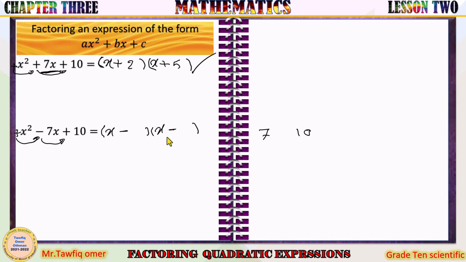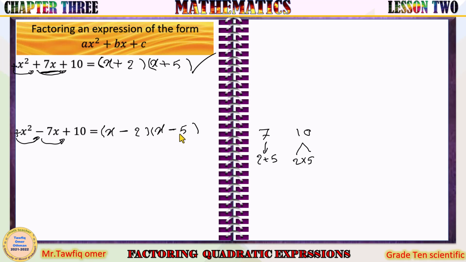Because both brackets are negative, we must search for two numbers. Their product must be 10 and their sum must be 7, which is 2 times 5 is 10 and 2 plus 5 is 7. So we can write 2 here and 5 here.